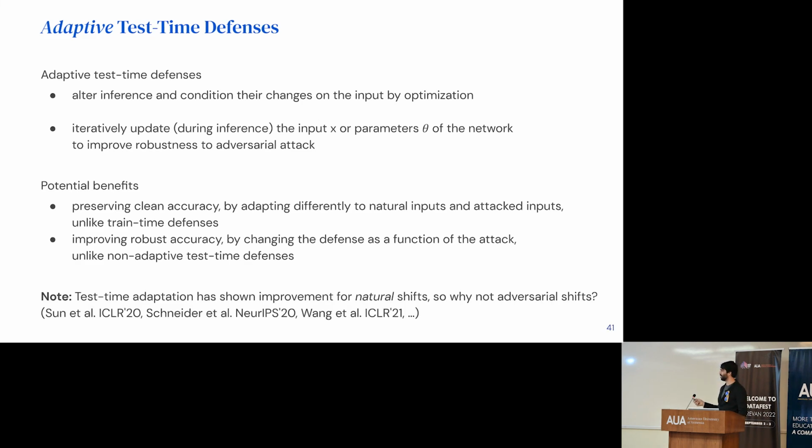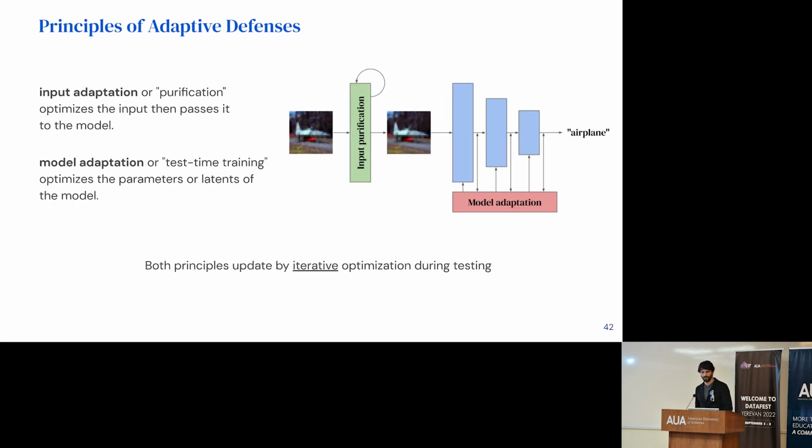And so part of the reason for looking at this is, as I just showed you with Tent, test time adaptation can improve on natural shifts. So why not adversarial shifts? Let's investigate. So there are two main schemes for adaptation in the context of defense, right? We have input adaptation, also called purification, where we have some process, some iteration that will change our input before it's given to the model.